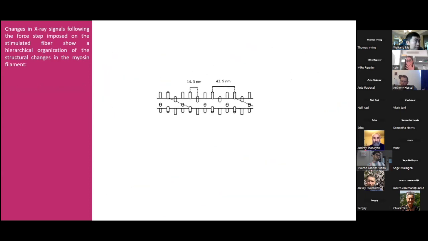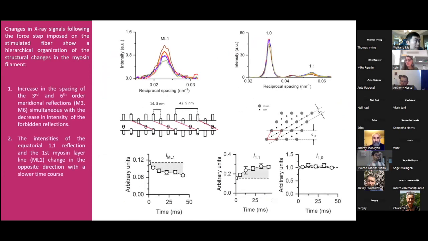And then with a slower time course in response to a first step, we have a decrease of the intensity of the first myosin layer line that emerges from the three-stranded helical packing of the motor.